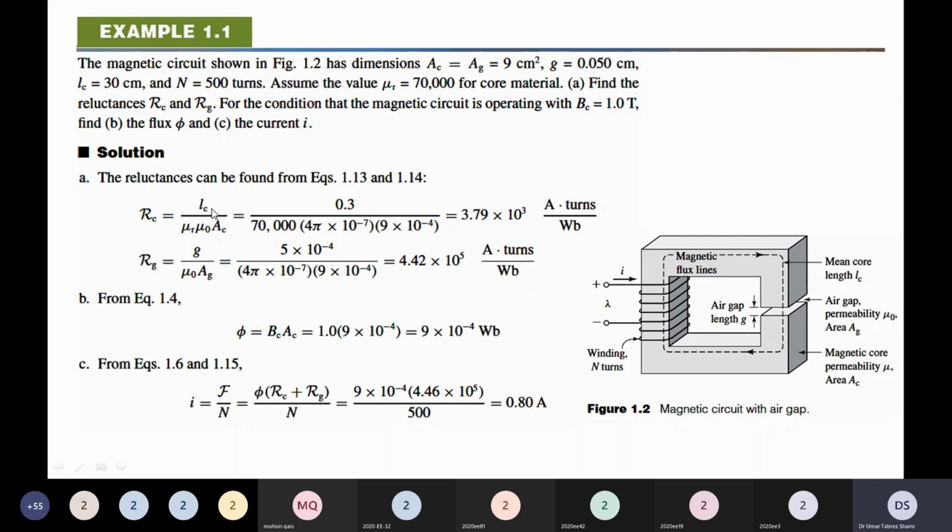We need LC. LC is the effective core length. It is 30 centimeter. We convert it to meters and then divide by mu r into mu naught into AC. AC is the cross-sectional area. We get reluctance equal to 3.79 times 10 to the power 3 ampere turns per Weber.